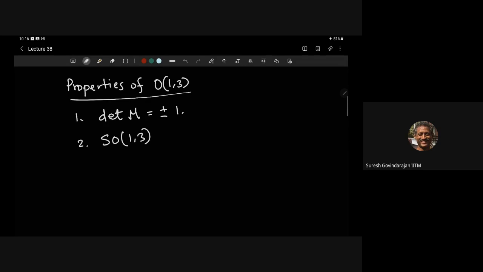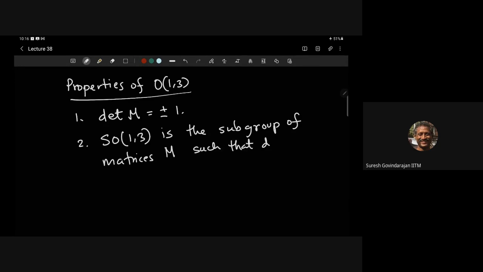SO(1,3) is the subgroup of matrices M such that the determinant of M is plus 1.